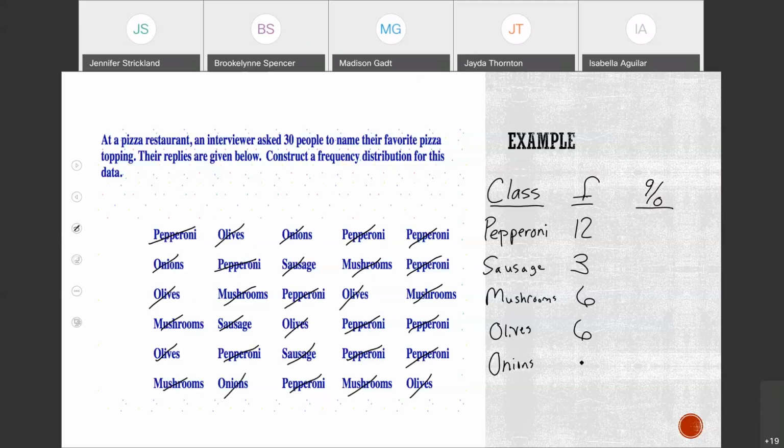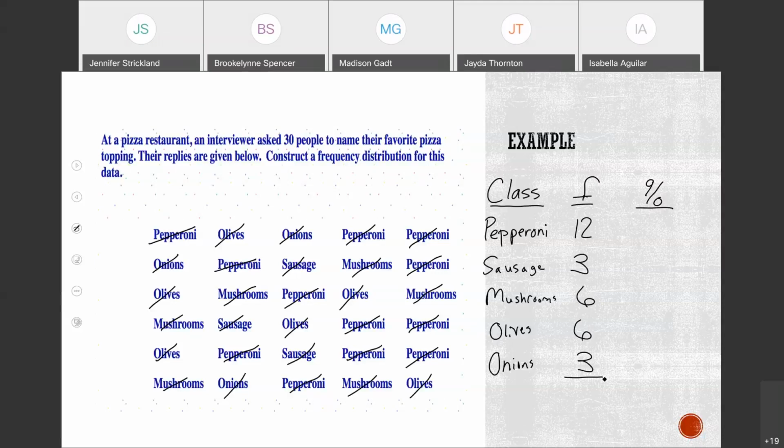Now, when we get that done, the best way for me to check if I marked everything off is just to make sure that everything's crossed off. The thing about this is it's really easy. You don't want to make a mistake and lose points because you missed one by mistake. So just double check and make sure that you got everything counted. The other way to check yourself is to add up your frequency column.